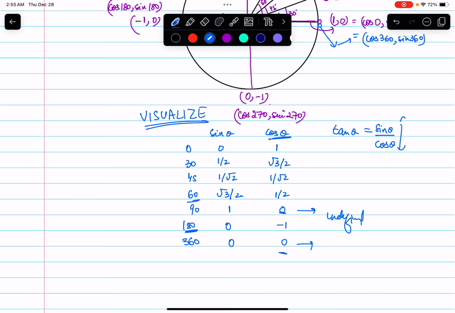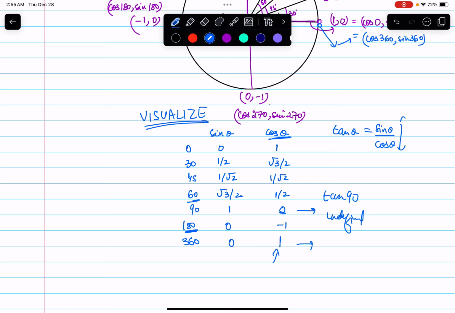Okay? So, for example, in this case, cosine of 90 is 0, so tan of 90 is undefined. Okay? Make sense? And that actually reminds me over here, when you come to 360 degrees, cosine of 360 is +1.